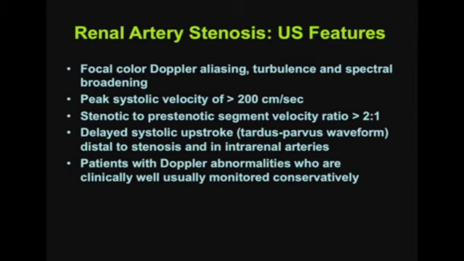In some patients, downstream of the stenosis, there may be a delayed systolic upstroke and a dampening of the arterial waveform, the so-called tardus parvus waveform. And this, as I say, will be distal to the stenosis and may be seen within the intrarenal arteries as well. If the patients are clinically well, then these patients are generally monitored and treated conservatively.